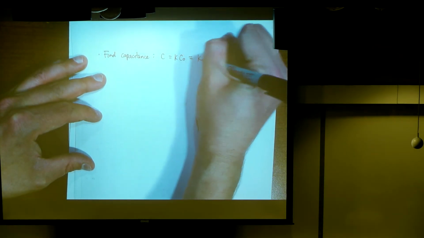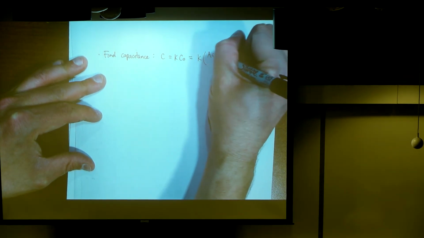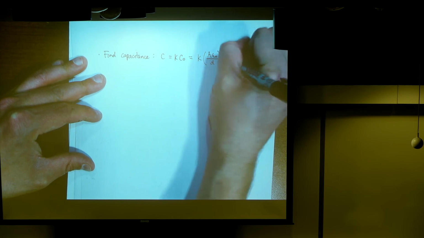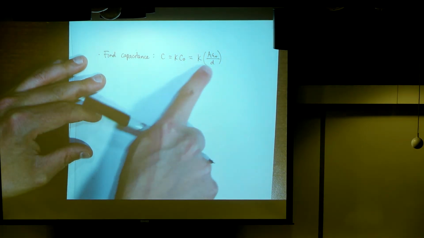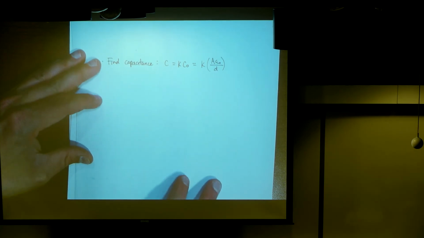But we have a parallel plate capacitor, and we know the formula for C naught is A epsilon naught divided by D. So we just take that and multiply by our dielectric constant to get the capacitance.